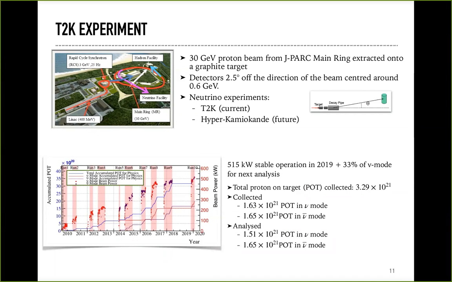Basically, if you are in collider physics, this is the corresponding integrated luminosity you're looking at. And we are looking at basically a 50-50 sample of neutrinos and antineutrinos. And almost all the data that have been collected by T2K have been analyzed for the results I'm going to show.